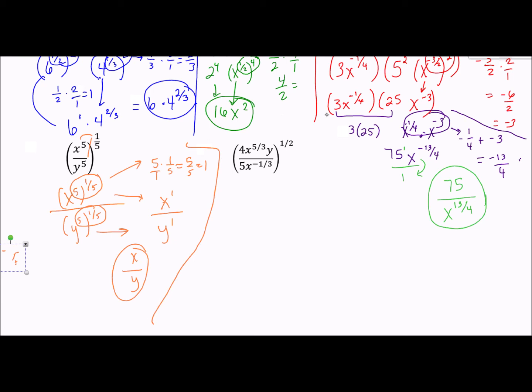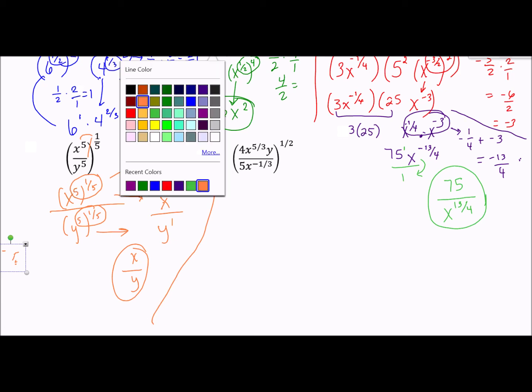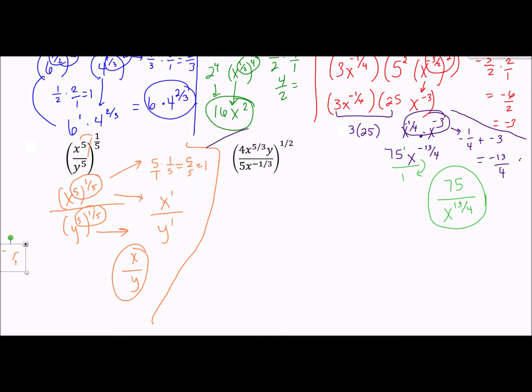All right. Let's do this one. Let's go with dark purple. This looks like a doozy too, huh? Okay, where do we start? Well, this power outside's got to be shared with everybody. Every single thing in this problem gets a 1/2 on it.